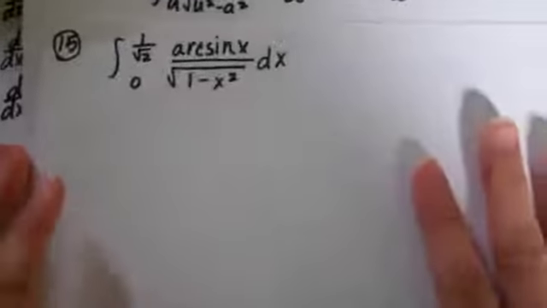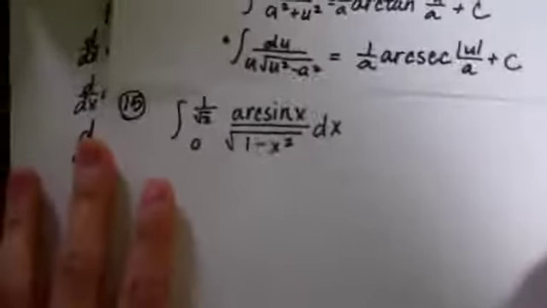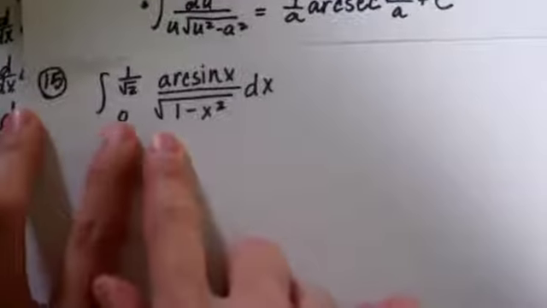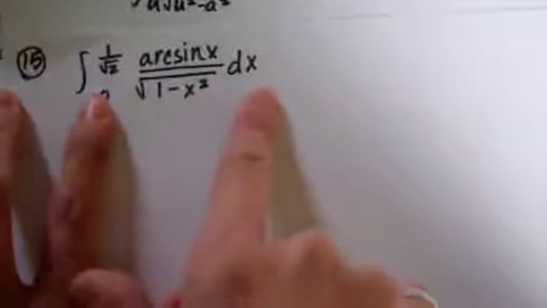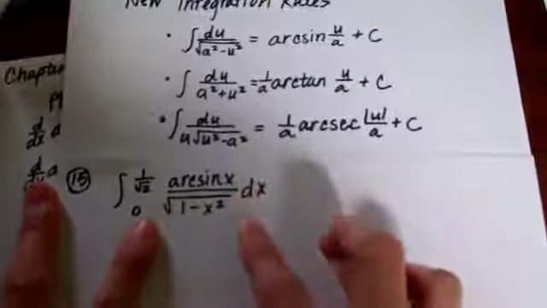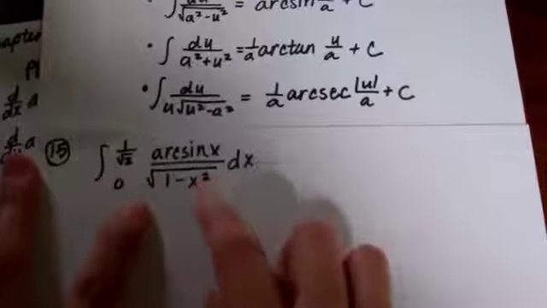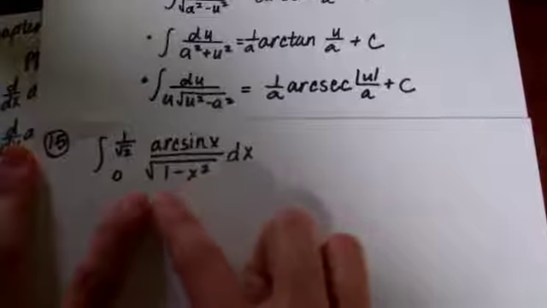Alright, number 15, they get tricky on us fast here. Number 15 is trying to integrate this particular function right here. And what you're going to notice is this does not align with any one of these up here. Because yes, there is the square root of 1 minus a perfect square, so 1 squared minus a perfect square. So it would follow possibly under this.